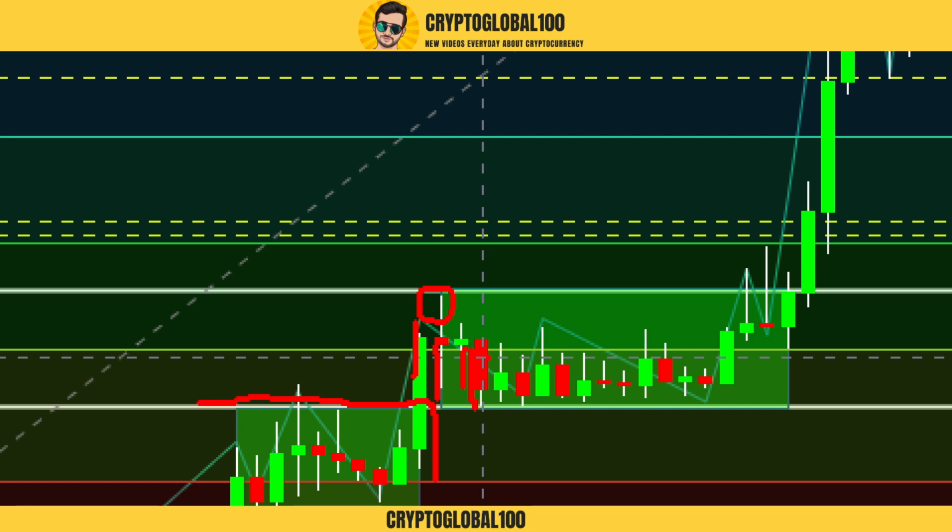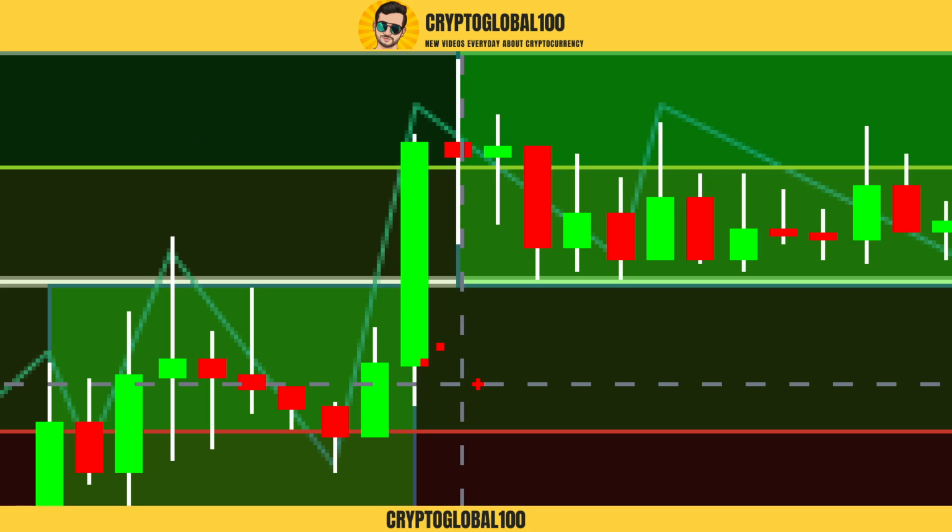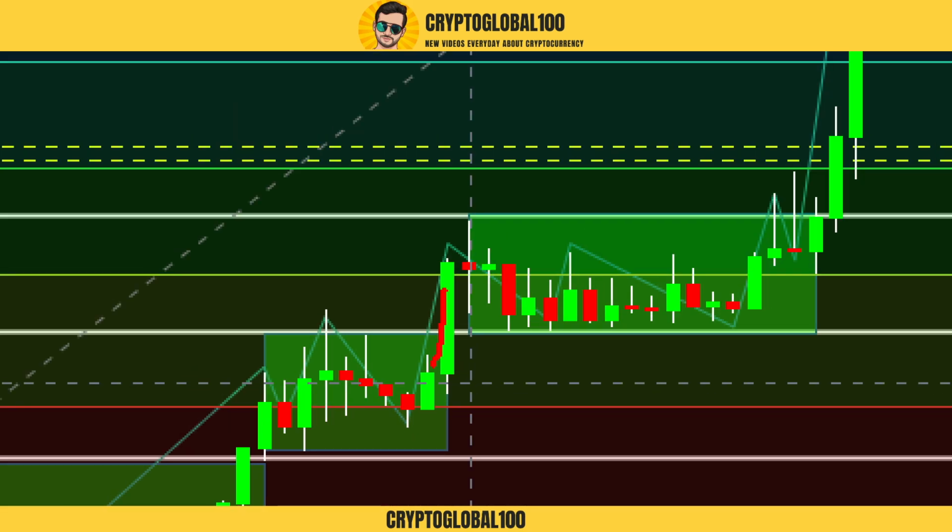Previously this was the resistance zone. After this big candle, this became the support. You see the downward wicks, the downward rejections. It confirms that this zone became the support zone.